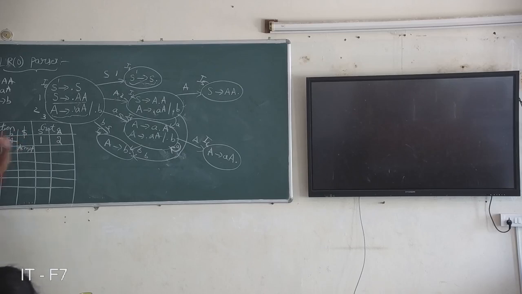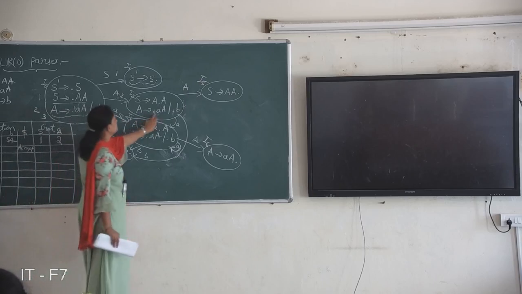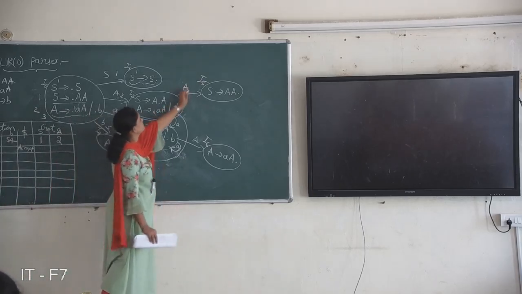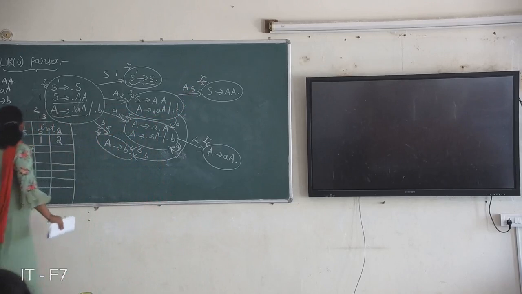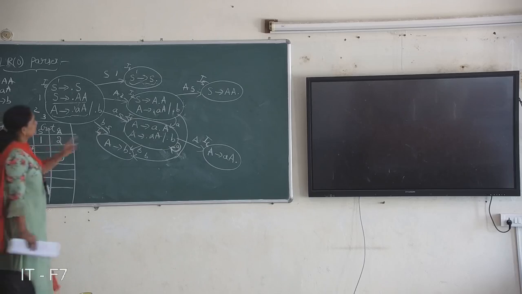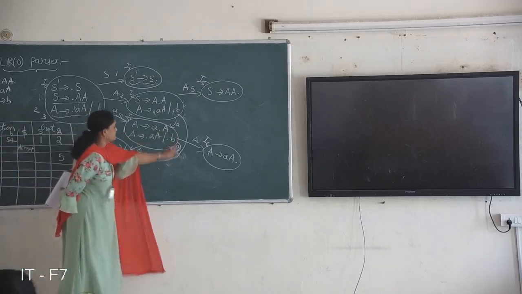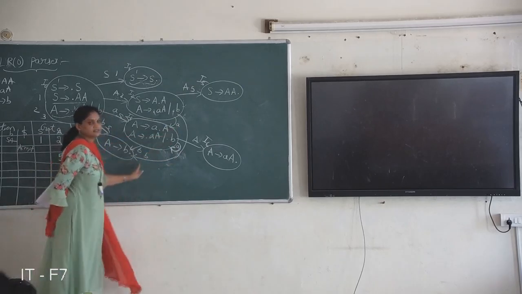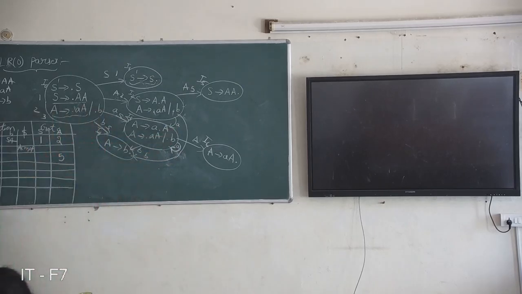Okay. Next, coming to I2. In the second state, capital A is there, meaning it is on a non-terminal, so it goes to state 5. So 2 on A, state number 5. It just changes the state to 5. And next, small a and small b are transitions on terminals, which means shift actions. You can do transition on small a and small b.